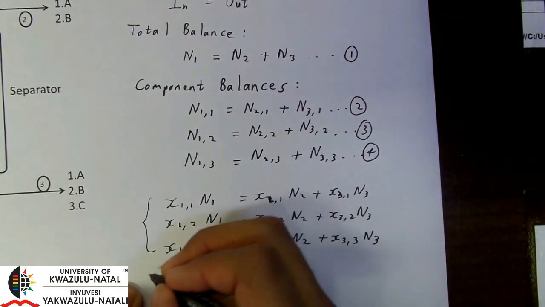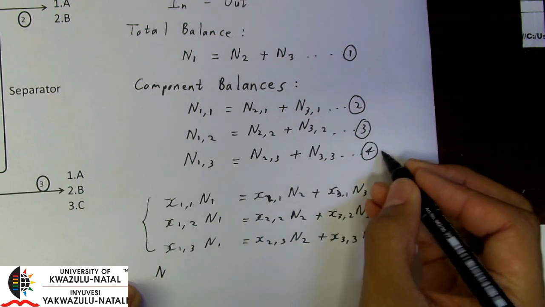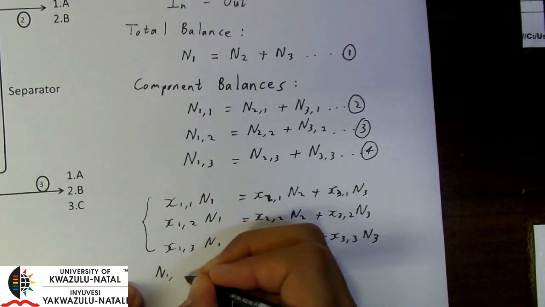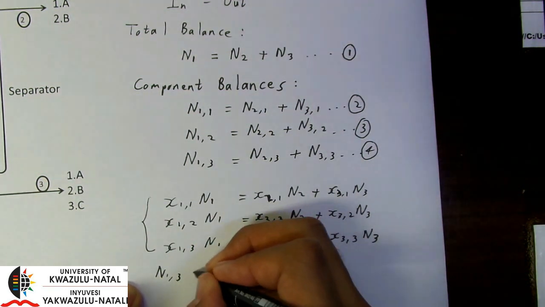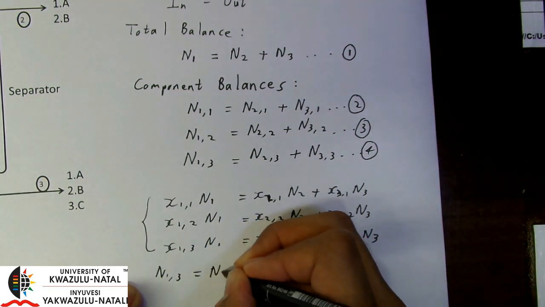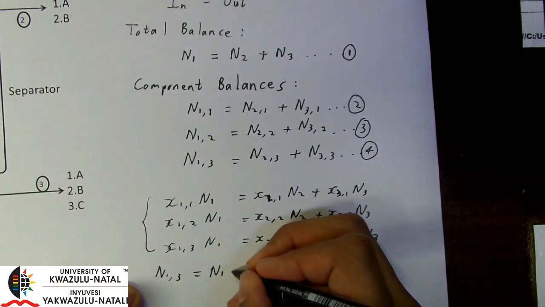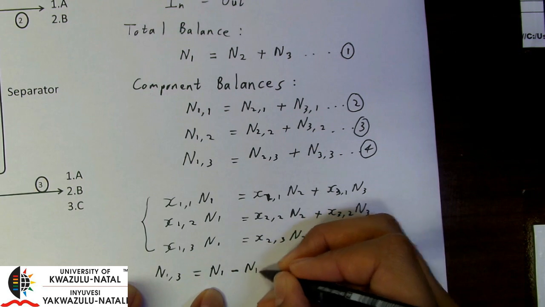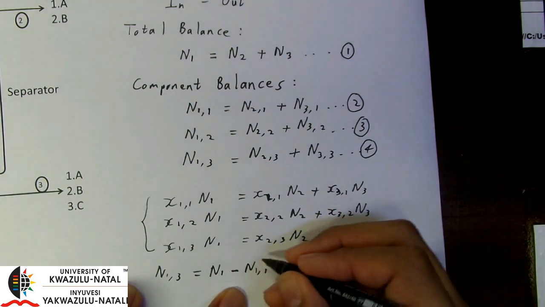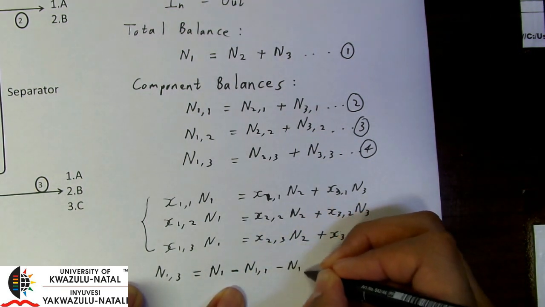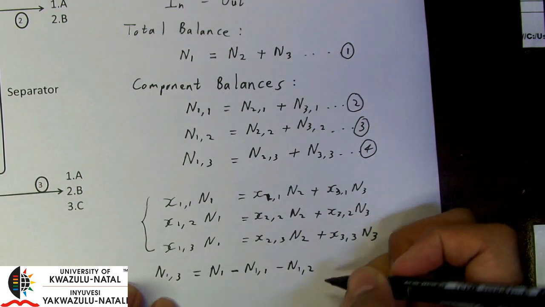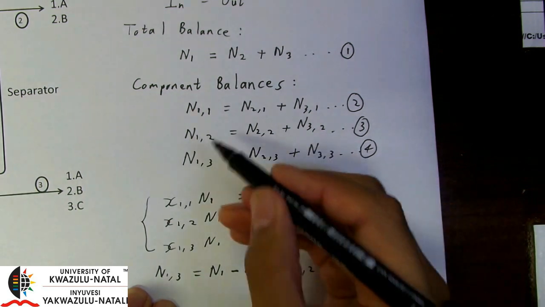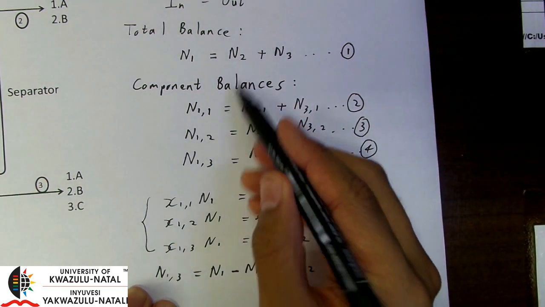For example, let's look at the fourth balance equation here. N13 is equal to the total flow rate in stream 1 minus the flow rate of component 1 minus the flow rate of component 2. So I can re-express this balance in terms of the other three balances.